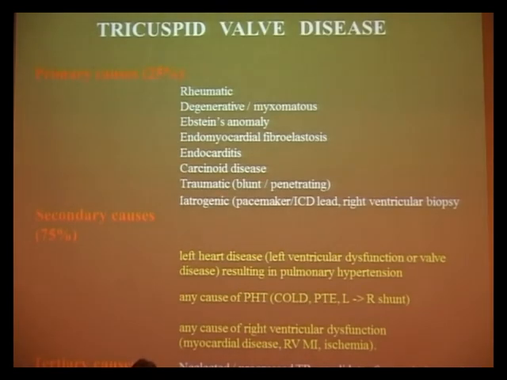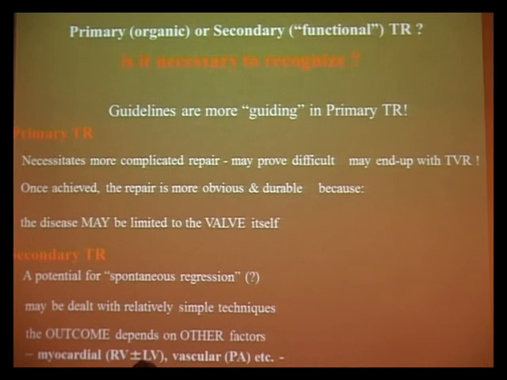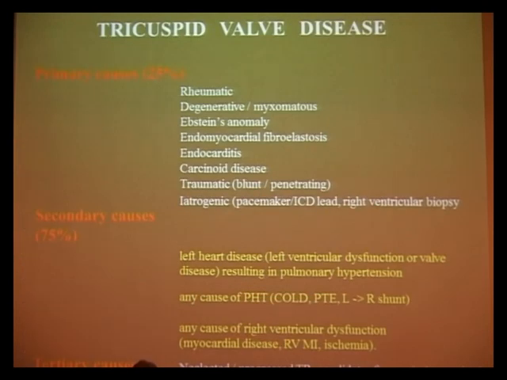As you know, tricuspid valve disease can be due to secondary causes. Almost 70% of the tricuspid regurgitation occurs due to left heart disease, left ventricular dysfunction, or valve disease resulting in pulmonary hypertension, or any cause of pulmonary hypertension.